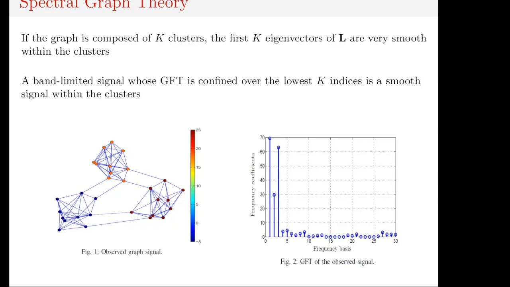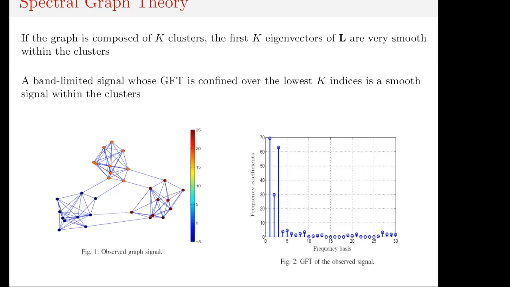One more question. When you say smooth, to me that implies differentiability. What do you mean by smooth? Smoothness implies that if I consider the variation of the signal within the cluster, this variation is very small.